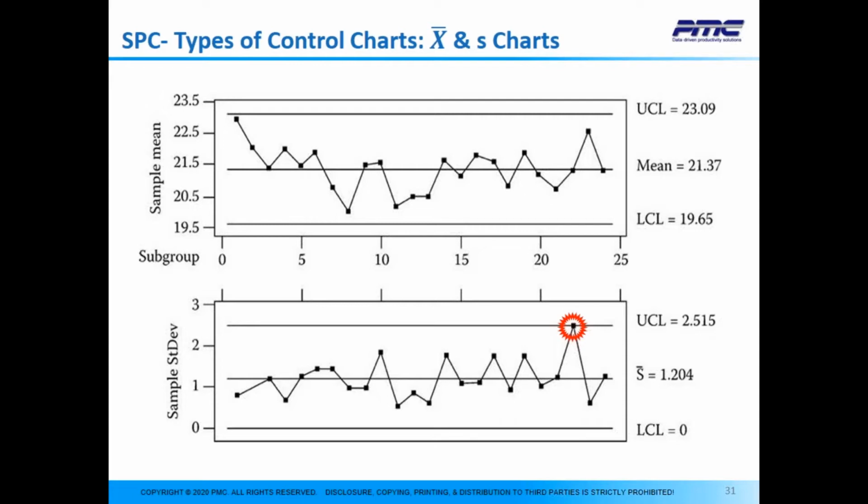So we're calculating the standard deviation of each subgroup and comparing those, which gives us a little bit better detail of our data points. In other words, this is more powerful. And this one shows one data point out of spec, failing the first test.